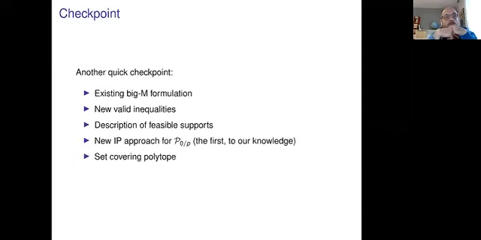So let me just make a quick checkpoint here on what we have. We started working on these sparse approximation problems. We found these big M formulations, and we found some not nice issues about the big M formulations.